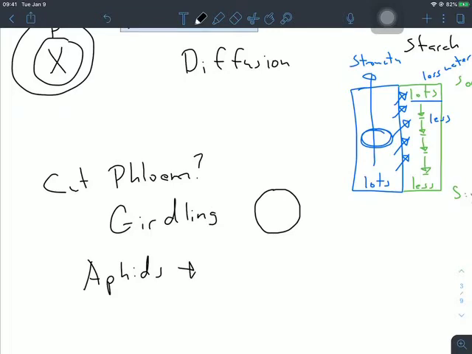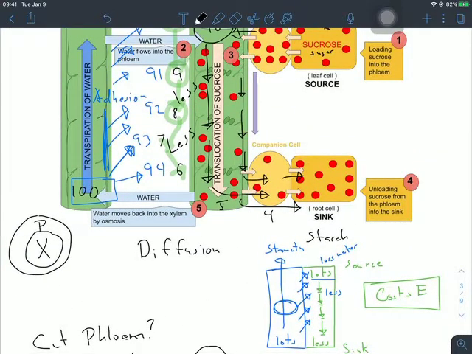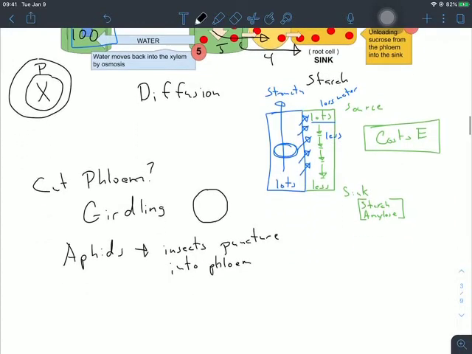These are insects that are able to puncture into the phloem and steal the sugar and minerals that are being transported within the phloem. That's right, we will be talking about the minerals that get transported through the phloem, because there are things outside of just sugar being moved around there. But aphids are able to sneak in and steal it.